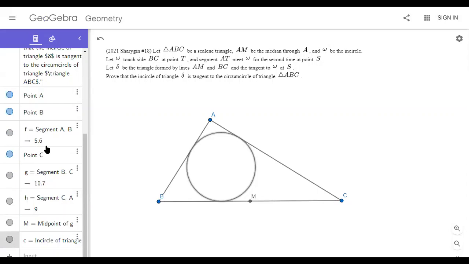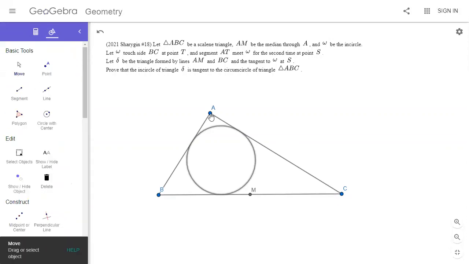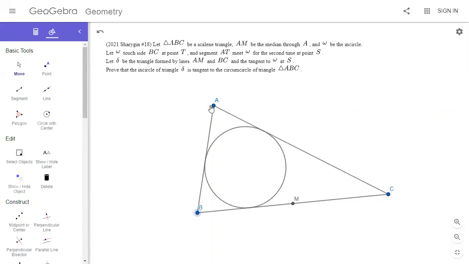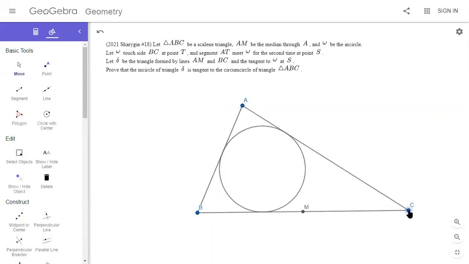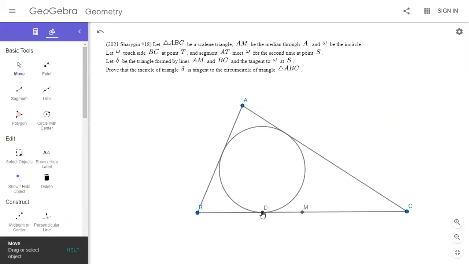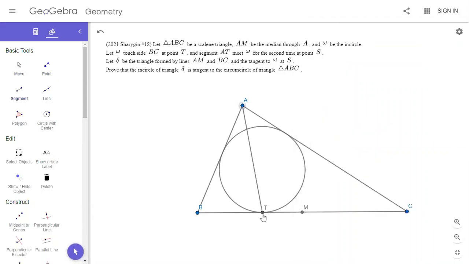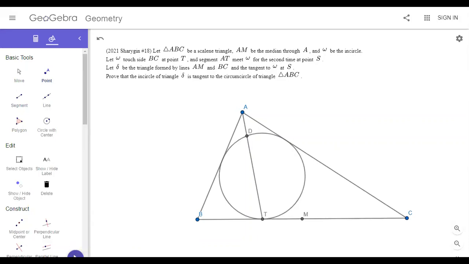Ah, you saw it. Okay. All right, so I guess I'll see how far I can get, and maybe you can give me and John some hints. So omega is the incircle. It touches BC at point T. And AT meets the circle at S. Amaro 4 had a solution.